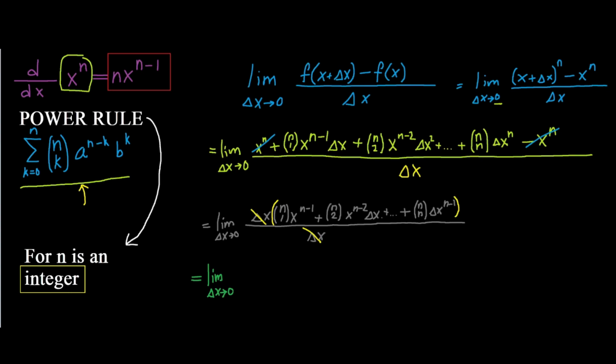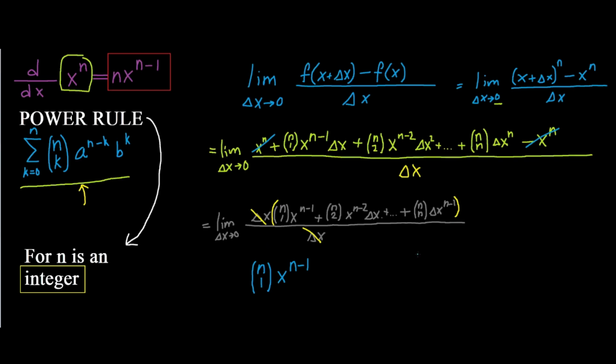I'm just going to rewrite it so it looks neater, and I'll write it in a bright color. So we're going to have n choose 1 of x to the n minus 1. You can notice there's no delta x in here anymore, so our limit is no longer relevant. And now we actually need to evaluate n choose 1.